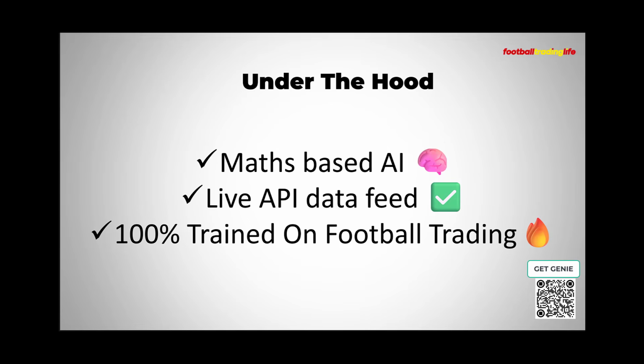This is not generic football betting knowledge shoehorned for football trading. This is 100% trained on football trading itself. It's not going to hallucinate and start talking about other things, which will happen with basic apps like ChatGPT or similar. So anyway, look, you're getting where the value is, how the market is behaving, and what the optimal move actually is. Okay, this isn't the AI guessing. This is an AI which thinks exactly like a football trader.